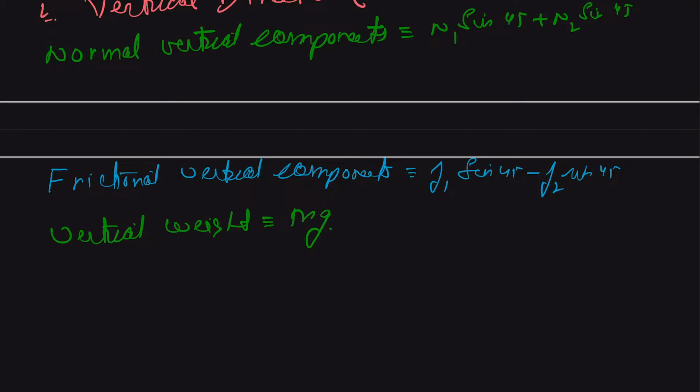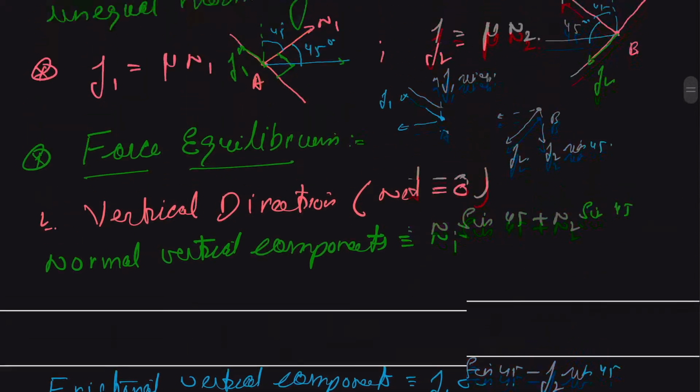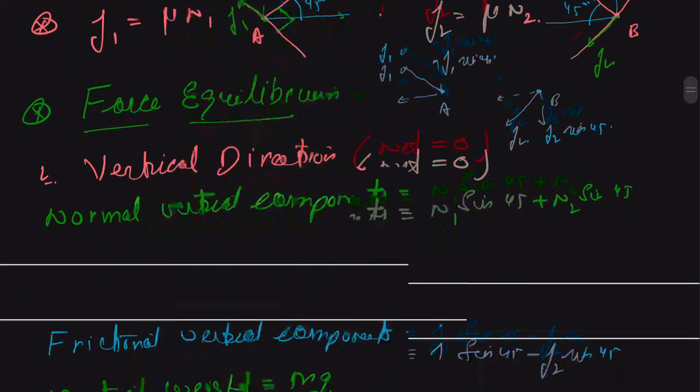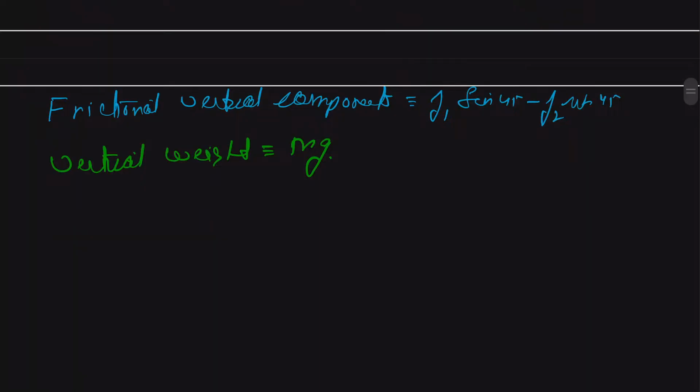Because the normals are also acting upward, so we have our N1, N2, and our F1 and F2, and we are having our mg.